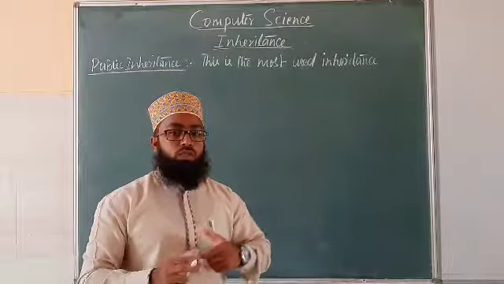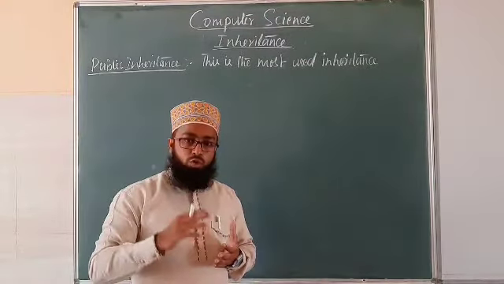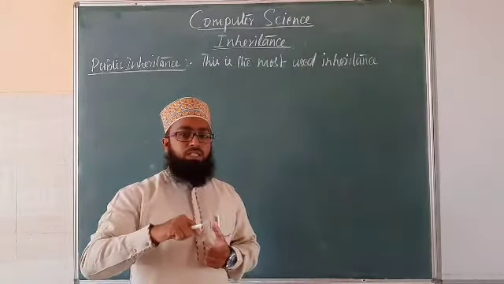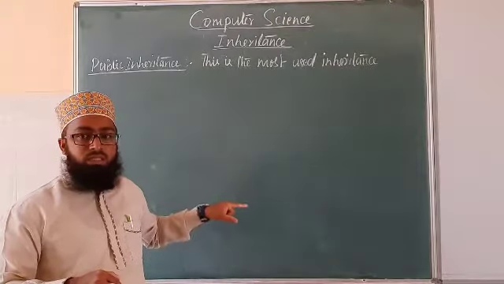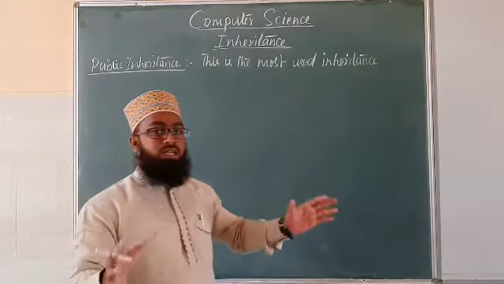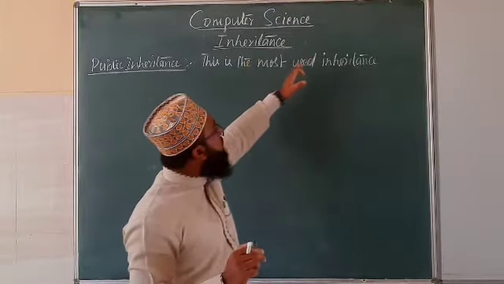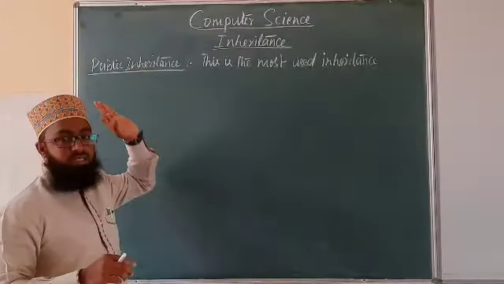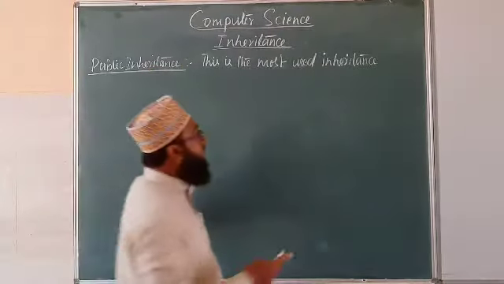Go through that representation, and then concentrate on these things, then you will clearly understand. This is the most used inheritance, the public inheritance. And then we shall see what will happen under this public inheritance.